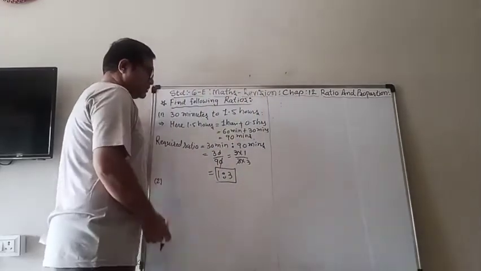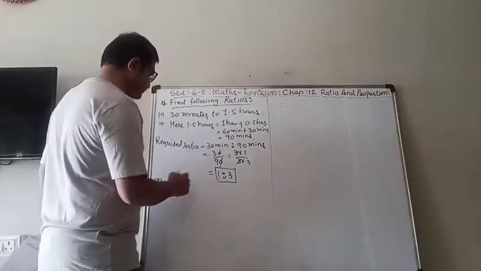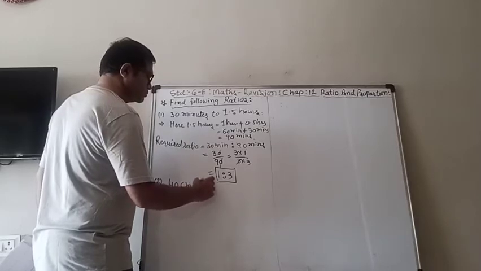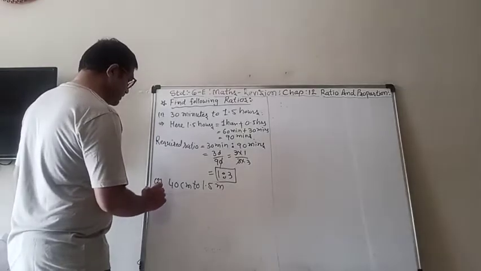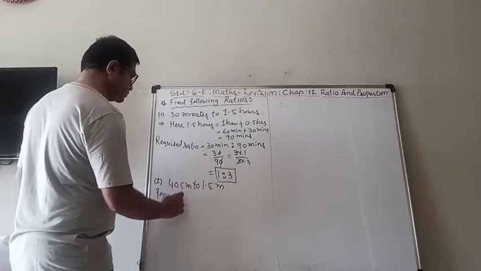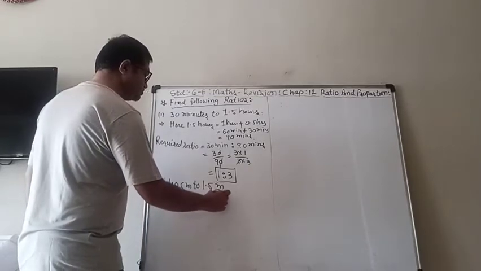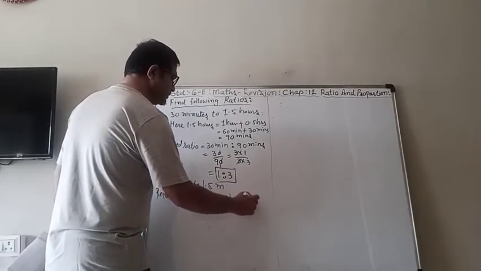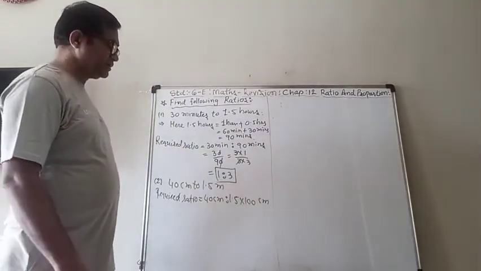So now let's do the next. 40 centimeter to 1.5 meter. So we can directly also do like that. Required ratio is equal to 40 centimeter is to 1.5 multiplied by 100 centimeter, because we know that 1 meter is 100 centimeter.